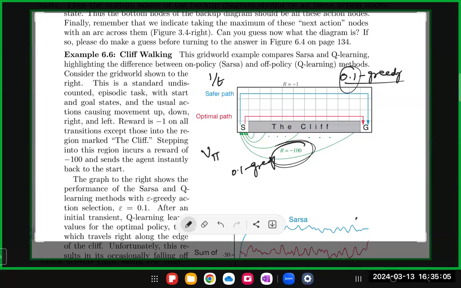While it will learn the optimal path, during the training it will fall into the cliff a lot of times, because the actions you are taking are according to the behavioral policy, which in Q learning is an epsilon greedy policy. So during the training phase, Q learning will have a lot of negative rewards because a lot of times it is going very close to the cliff and it will keep falling into the cliff, right?